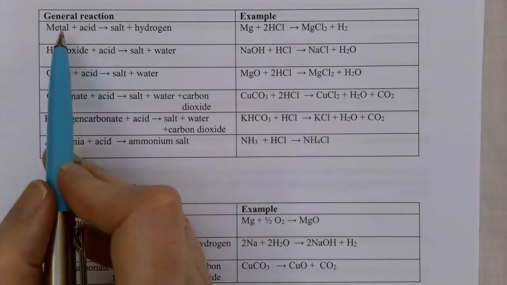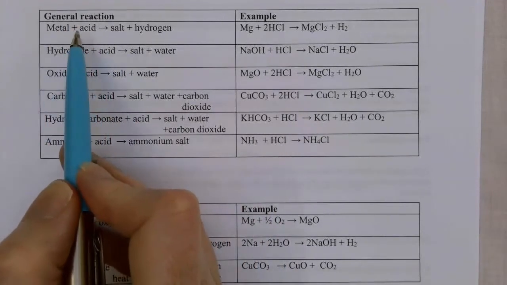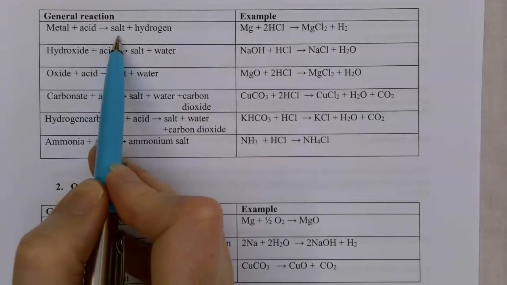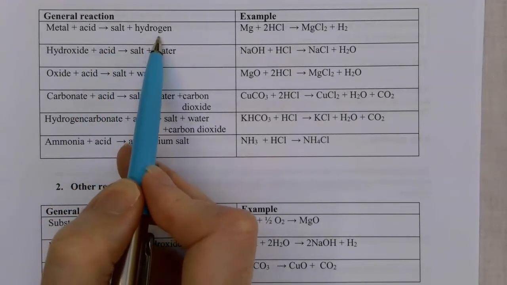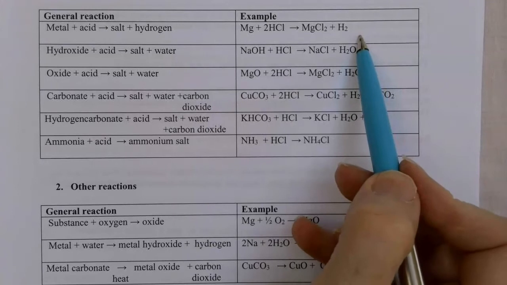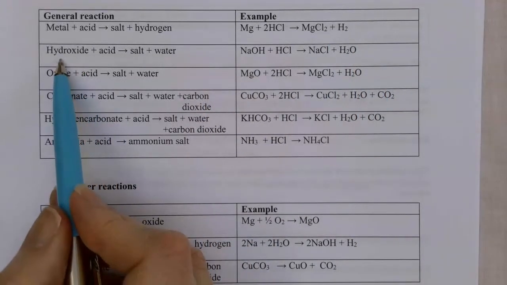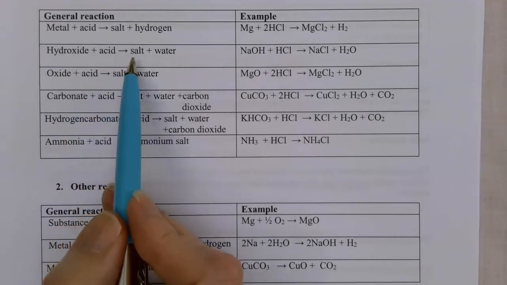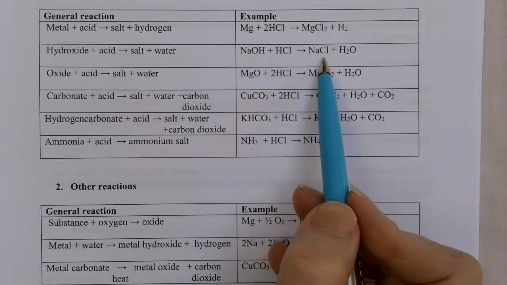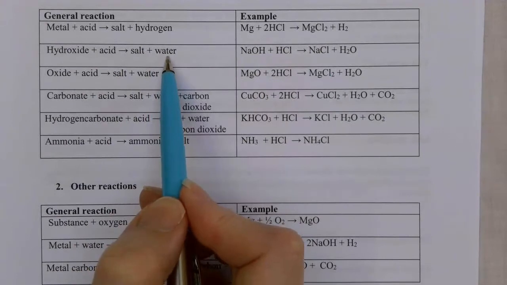So you need to know that any metal or reactive metal plus an acid will give you a salt and hydrogen gas. So there's an example here using magnesium and hydrochloric acid. You need to know that hydroxide plus an acid gives you salt, again in this case sodium chloride, and water.